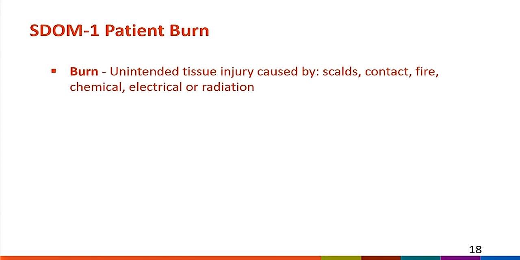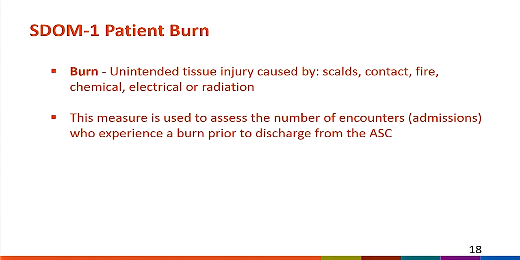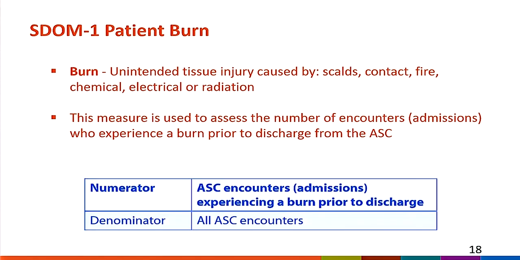This measure is used to assess the number of encounters who experience a burn prior to discharge from the ASC. The numerator is the total number of ASC encounters that experience a burn prior to discharge from the ASC, and the denominator is all encounters for the ASC.